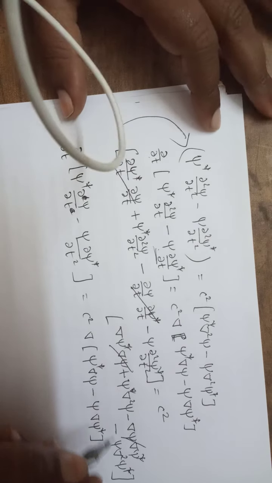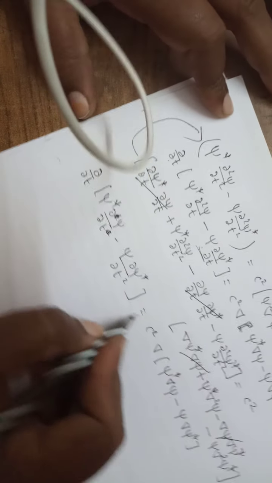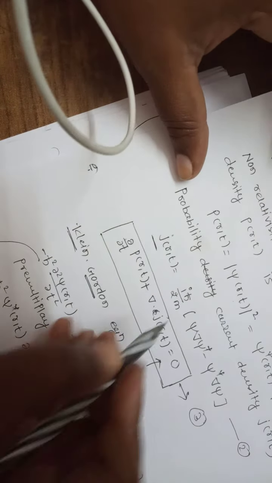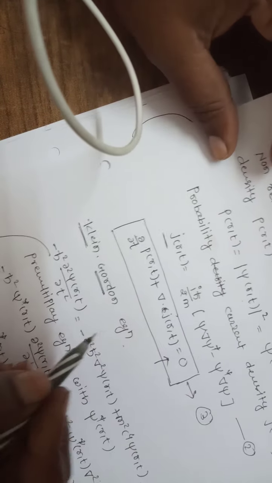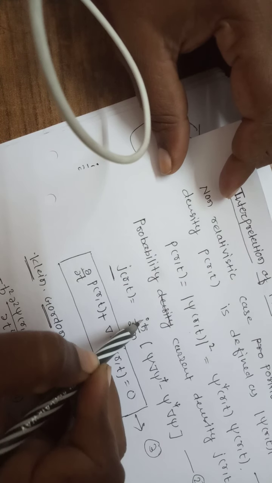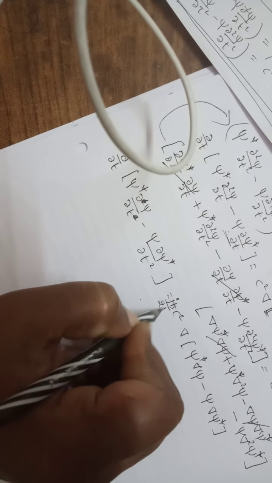Now if you look at here, that one, j of r,t is i h cross by 2m. So multiply i h cross by 2m on both sides.